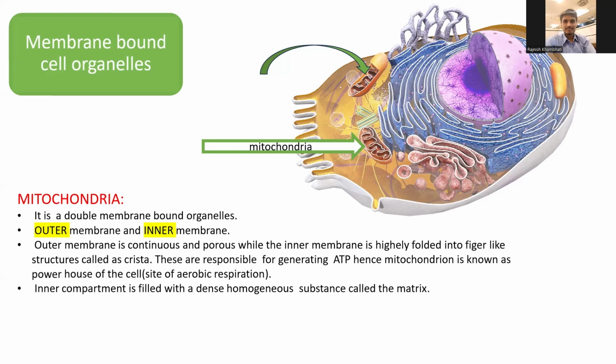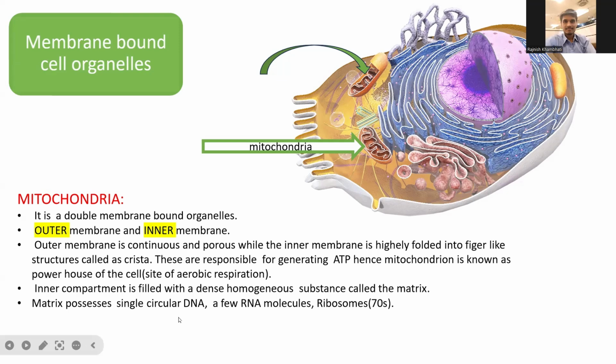The outer membrane is continuous and porous, while the inner membrane is highly folded into finger-like structures or projections called cristae. And these are responsible for generation of ATP. Hence, mitochondria is known as powerhouse of the cell. Means it's a site of aerobic respiration.